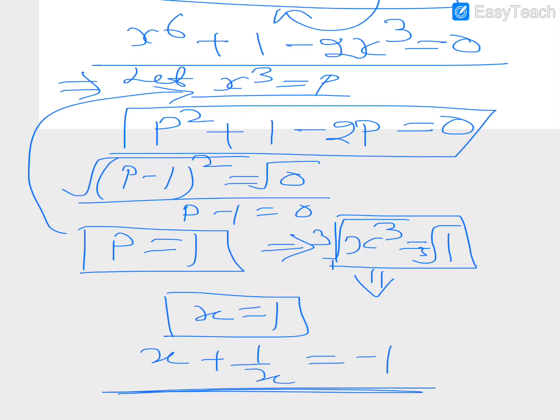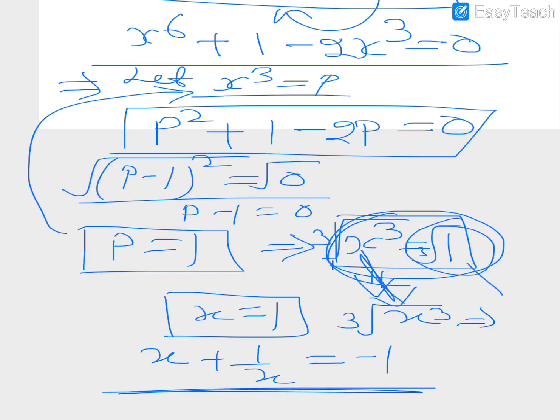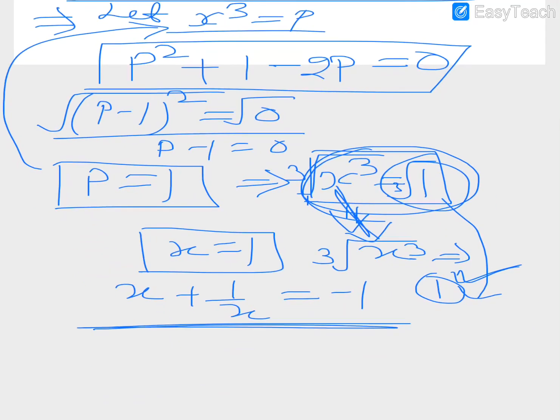It is not satisfying this one, right? So guys, in this case there are 3 values of x. If we take the cube root of 1, there will be 3 values: one is a real value, and 2 are imaginary values.